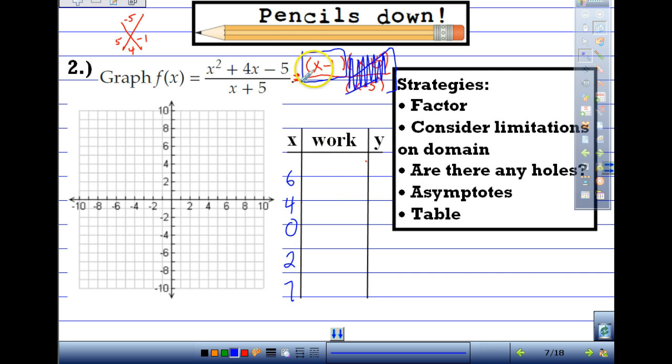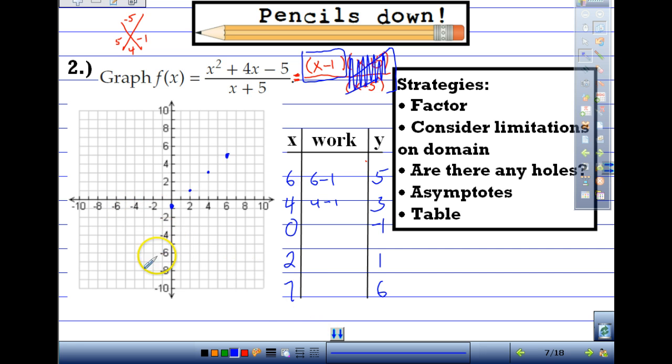I could do the work. x minus 1, so that's 6 minus 1, which is 5, 4 minus 1, which is 3, and so on. And get your graph. Let's see, 6, 5, 4, 3, and 0, -1. There's your y-intercept. 2, 1.